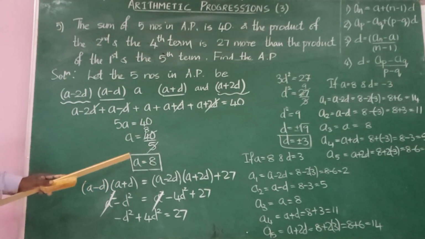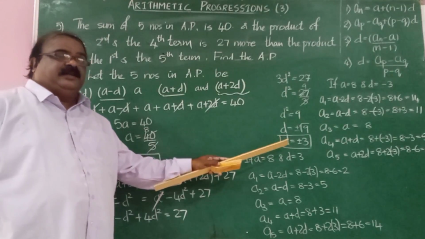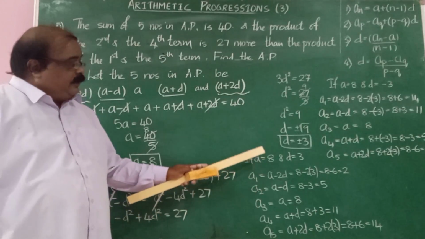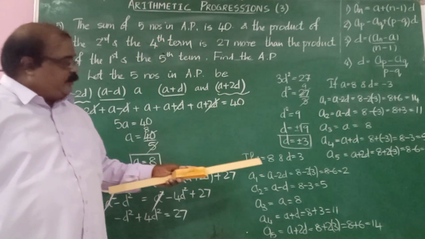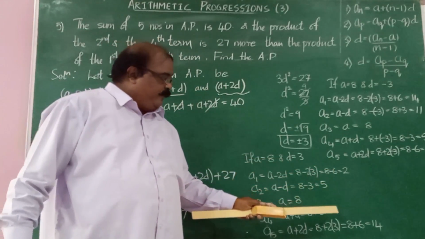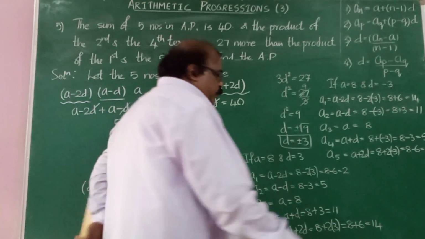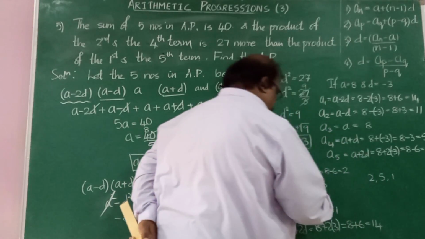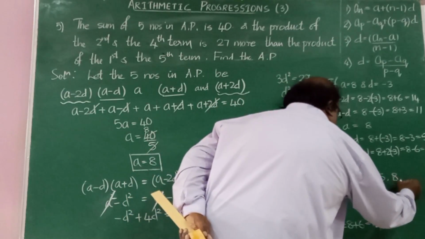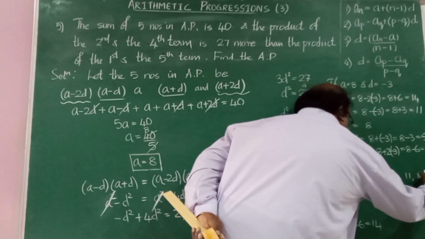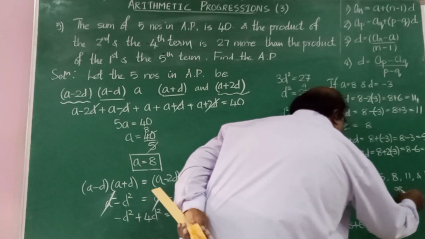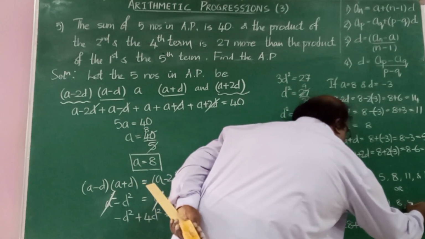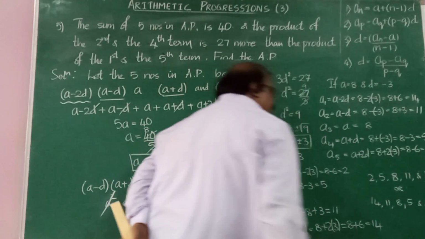So if A is 8 and D is plus or minus 3, I will get two answers for the same sum. The 5 numbers in arithmetic progression are 2, 5, 8, 11 and 14, or it can be 14, 11, 8, 5 and 2.